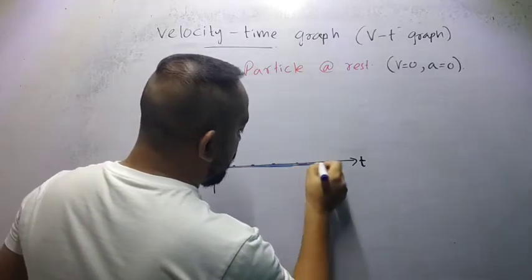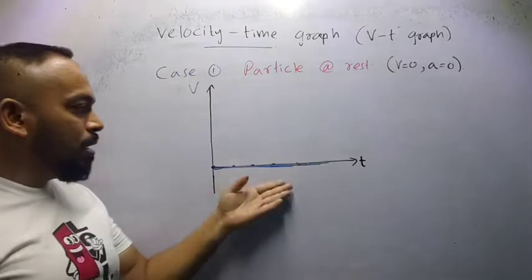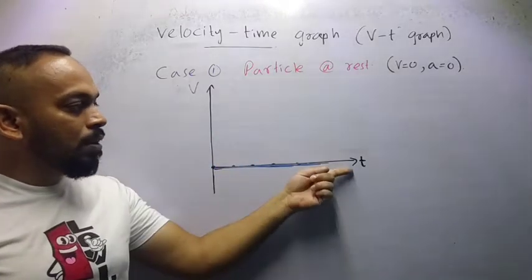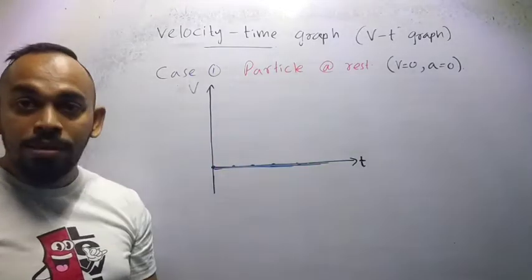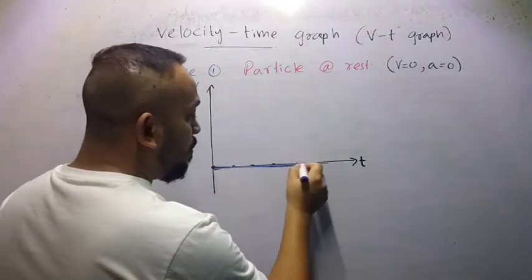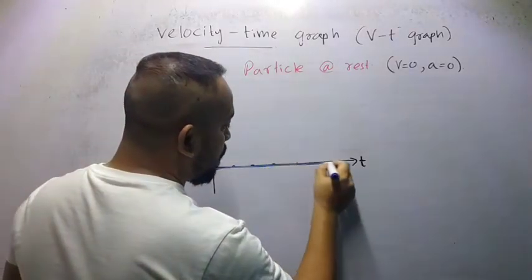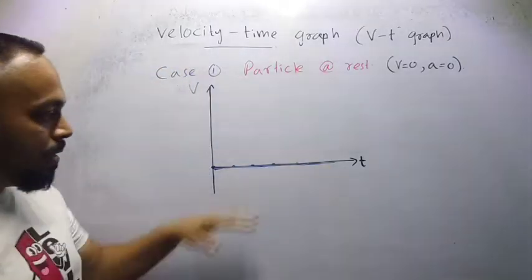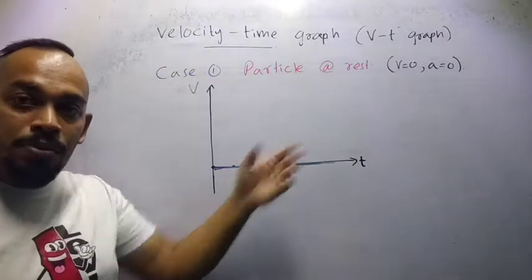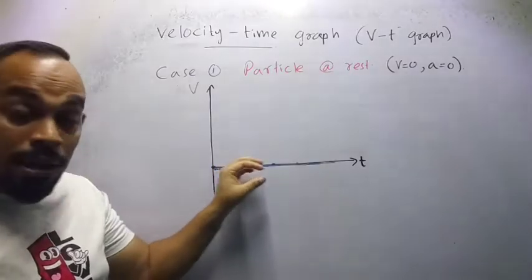Now this curve represents a particle at rest. Notice here that you can't distinguish this curve from the time axis, but you should get the point. If you are at rest, and the time is running, your velocity would be 0, but the time is running.